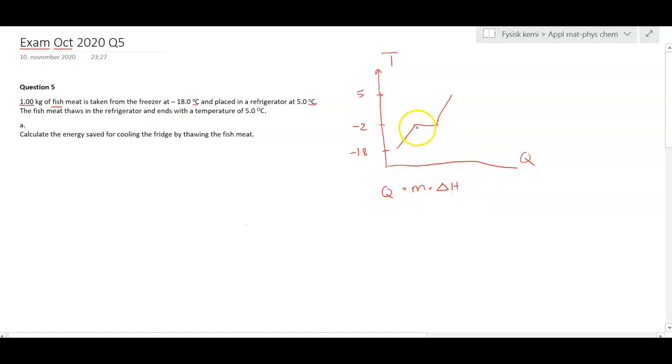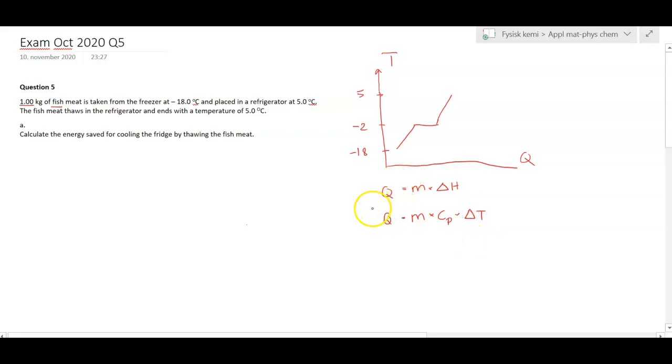So that would be the thawing from minus 2 and up till it has finally melted. The other type uses a temperature change. So that is also the mass, then the specific heat capacity, and then the change in temperature.